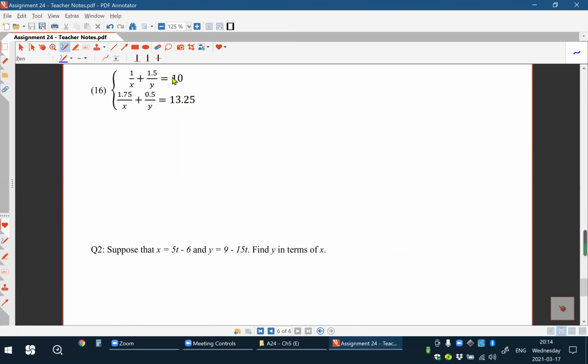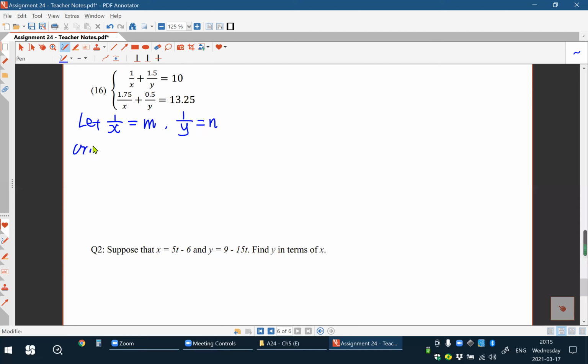Okay, again, it seems that this is not a linear system, right? So first of all, we need to convert this into a linear system of equations. So we can let 1 over x equals m and 1 over y equals n.